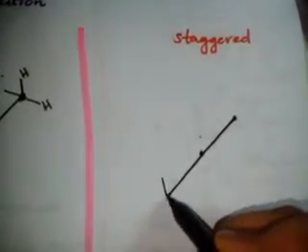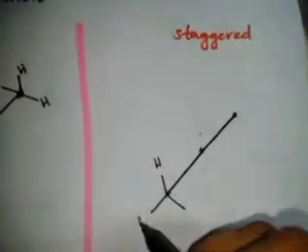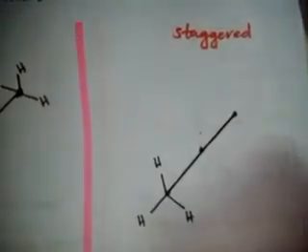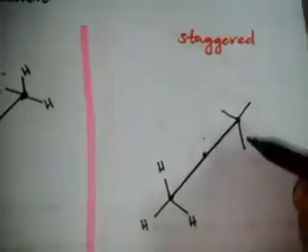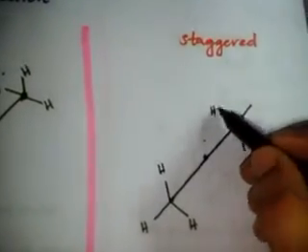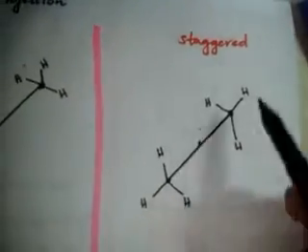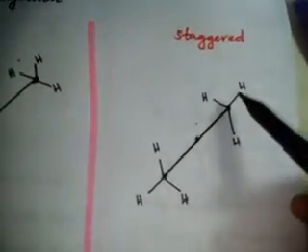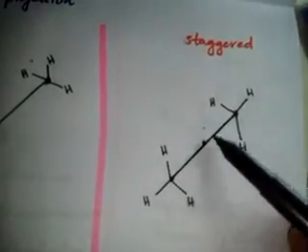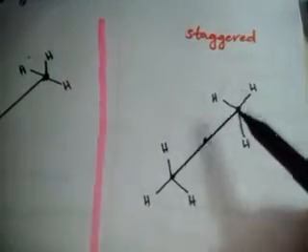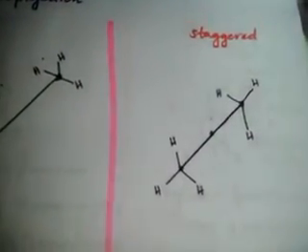We draw the 3 lines like this, 120 degrees to each other, the 3 hydrogen atoms. Here you have to draw like this, 120 degrees to each other. Here the hydrogen atoms are arranged as far apart as possible. This is the front carbon, this is the rear carbon, and this is the single sigma bond, and the hydrogen atoms are arranged at 120 degree angles.